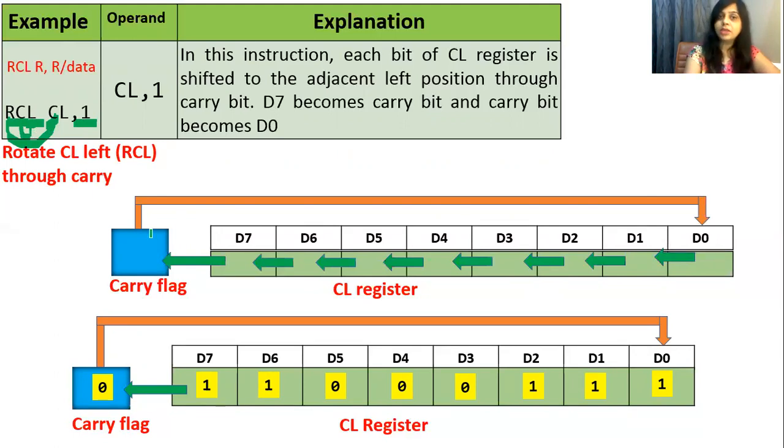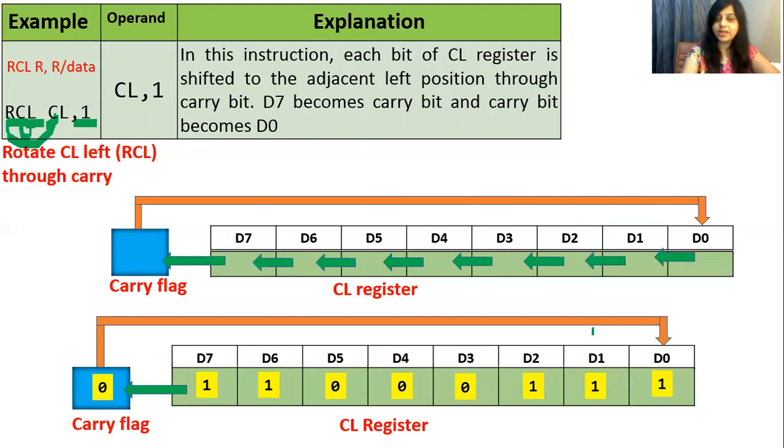What is the meaning of through carry? Through carry means whatever is there in D7 will enter into carry flag and whatever is there in the carry flag will enter in D0. In ROL, the same D7 enters at D0 bit position, but in RCL, the carry will enter into D0 position. Now let's see, carry flag holds 0 and these are the other contents of CL register.